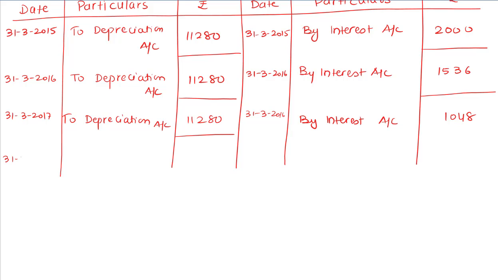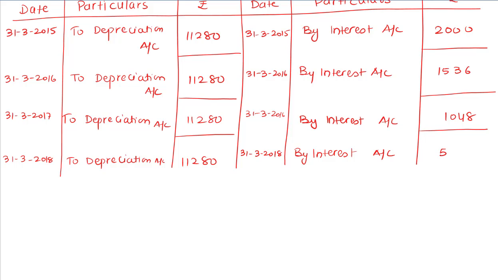And at last, 31st of March 2018, to depreciation account 11,280, and by interest account, the interest amount is reducing, so it is 536.